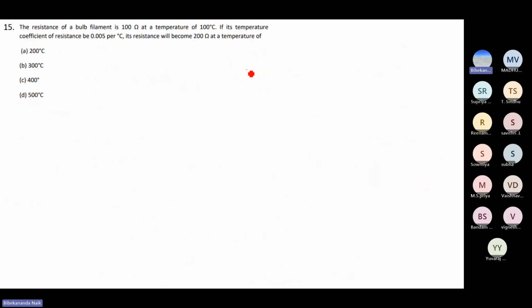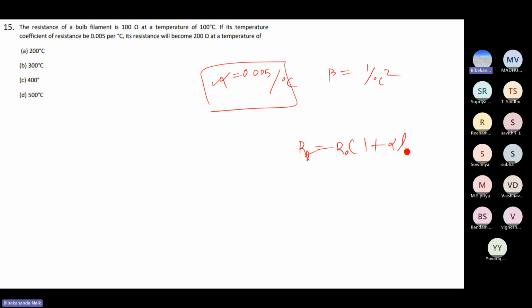Since here it is given alpha is 0.005 per degree Celsius, it is alpha only, because in case of beta it is 1 by degree Celsius square. So alpha is given, so you need to only use the formula Rt is equal to R0 into 1 plus alpha t.